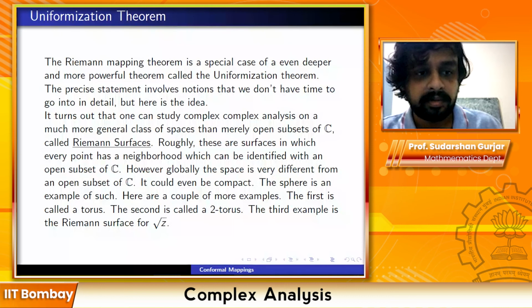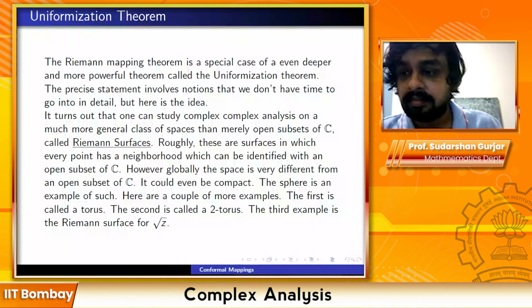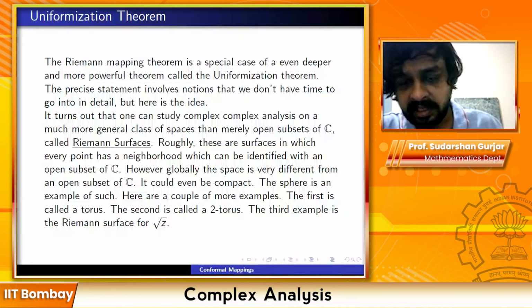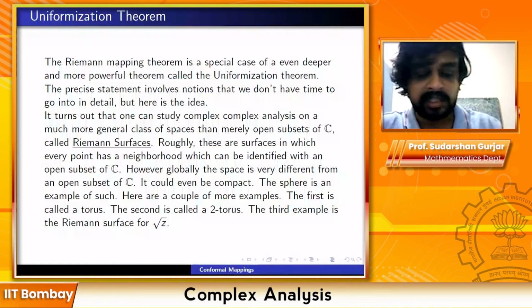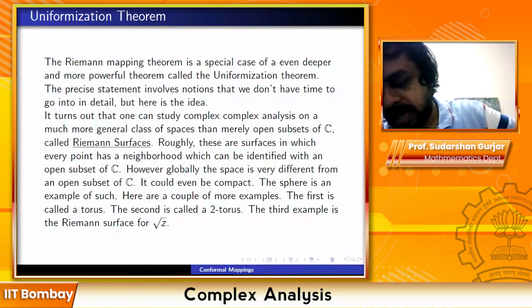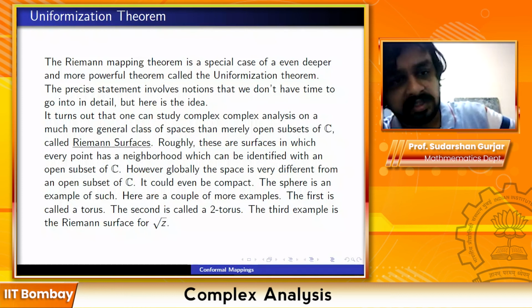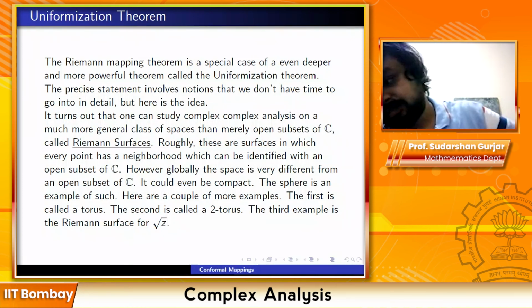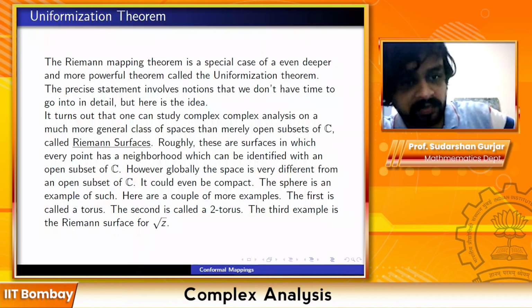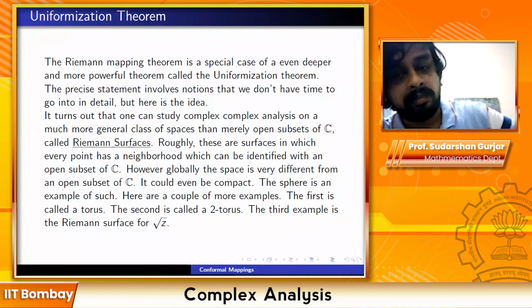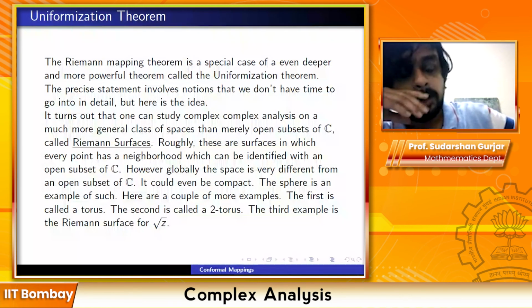So, sir, specifically speaking, these Riemann surfaces would be basically some sort of surface living in 3 or 4 or more than 4 dimensions? Well, incidentally, there is a small subtlety here. Actually, each one of these compact Riemann surfaces can sit inside R3.